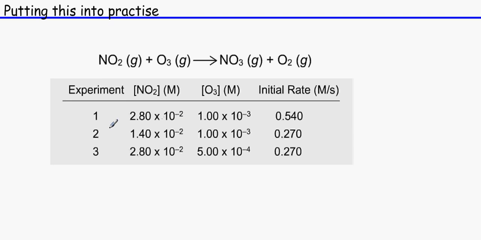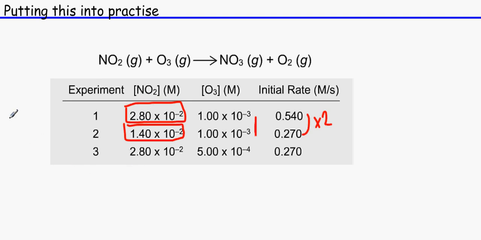We can see using these experiments that if we double the concentration of NO2 whilst keeping the concentration of O3 the same, we can see that the initial rate of this reaction has also doubled.